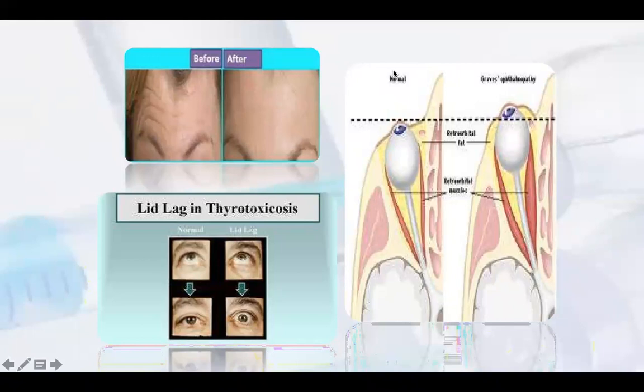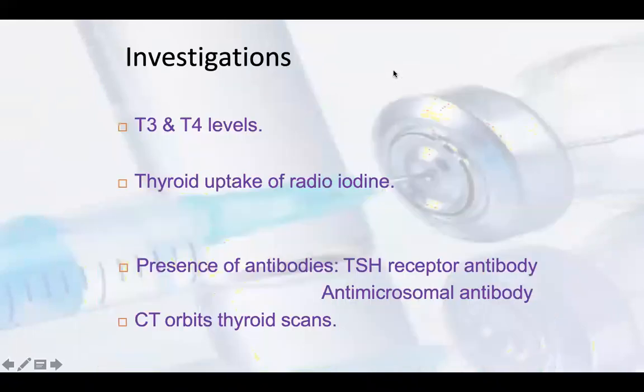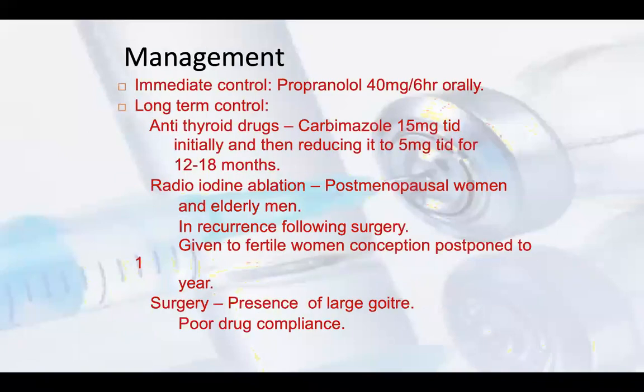So how to do investigations? Check T3 and T4 levels. Then thyroid uptake of radioiodine can be checked. The presence of antibodies, TSH receptor antibodies and antimicrosomal antibodies can be checked. And then a CT orbit and thyroid scan can be done. How to manage?